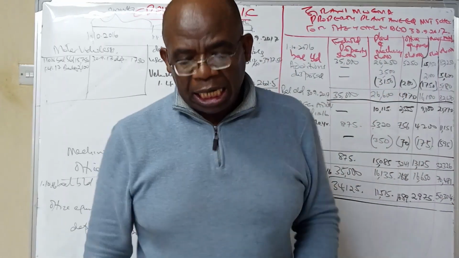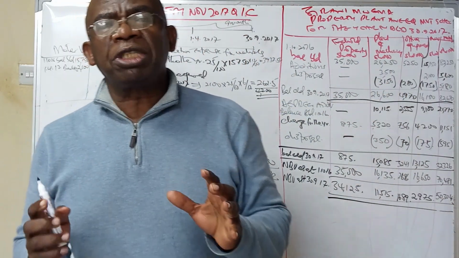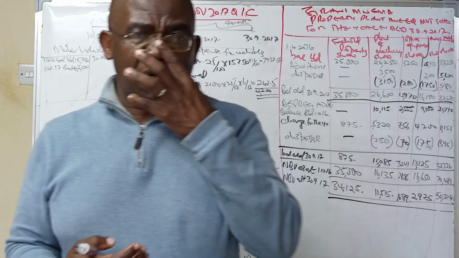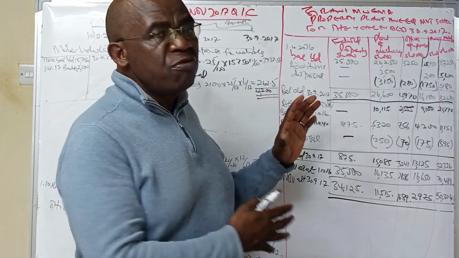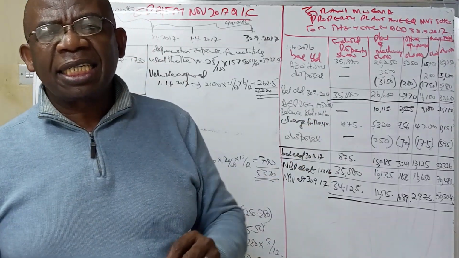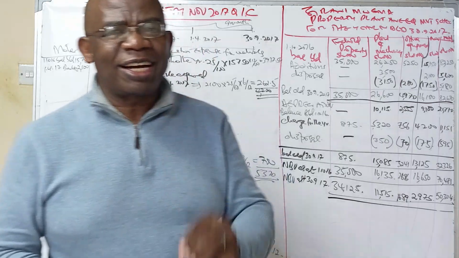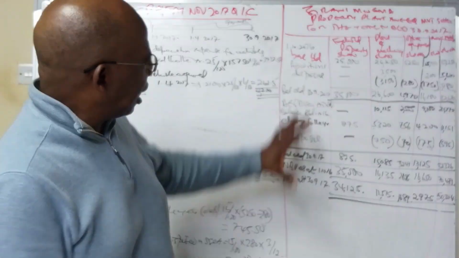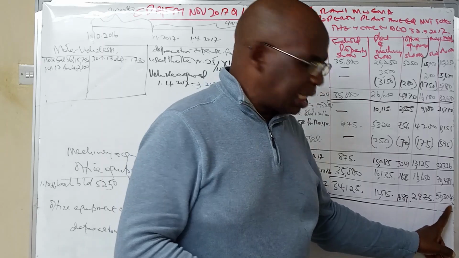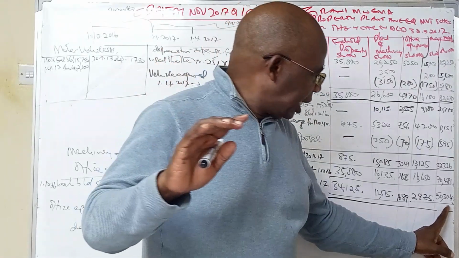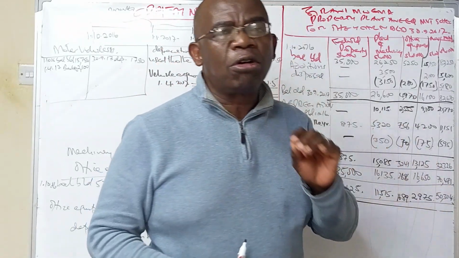It is worth noting when we are preparing published accounts that the PPE movement schedule is one of the notes to the accounts. Therefore, the figure that will be captured in the balance sheet is only the closing net book value.